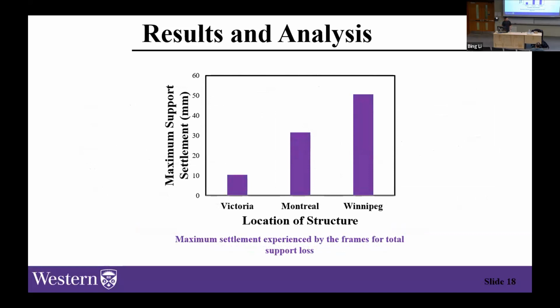Victoria, which is a high seismic hazard, was designed according to section 19 of the Red Book, for example, and you can see that it has a greater resistance to differential settlements when experiencing total support loss. While Winnipeg, which is a conventional design, what we usually see for residential buildings, went up to 55 millimeters.